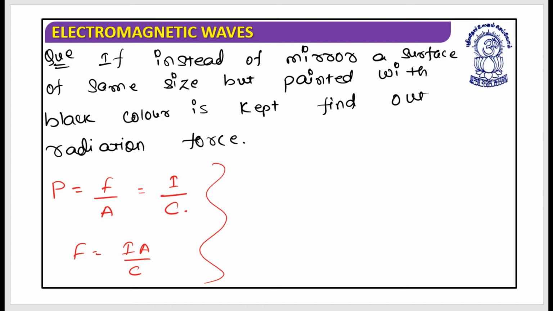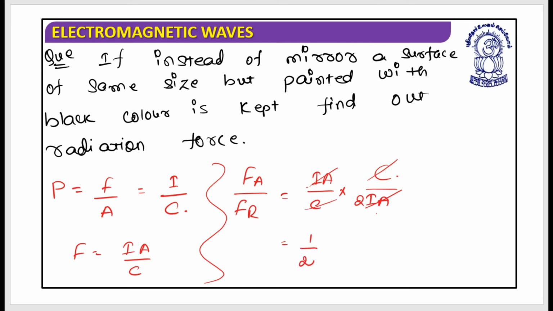So if I take a ratio of F completely absorbing divided by F completely reflecting, this is IA by c divided by 2IA by c. So it's 1:2. So F_A is equal to F_R by 2. So this is 1.33 divided by 2 into 10 to the power minus 10 Newton.